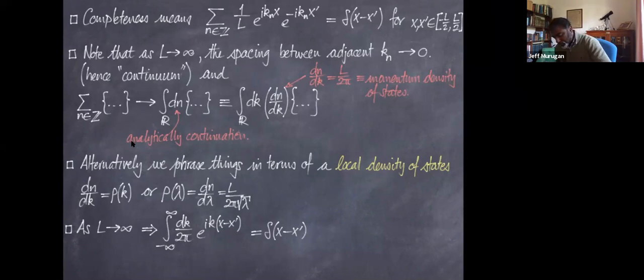The first is that this is an L independent relation. And the second is that it's nothing but the Fourier representation for the delta function.